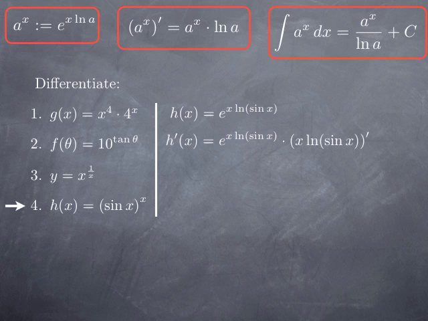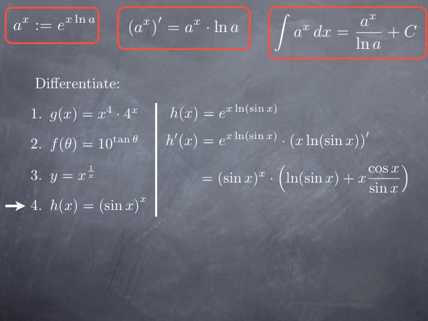And then I have to multiply by the derivative of this x ln of sine x. The first term, the exponential, is really just sine x to the x. And for the second one, I'm going to use the product rule because I multiply x by a natural log. So I get sine x to the x for the exponential, and then applying the product rule, derivative of x is 1, I multiply that by ln of sine x unchanged.